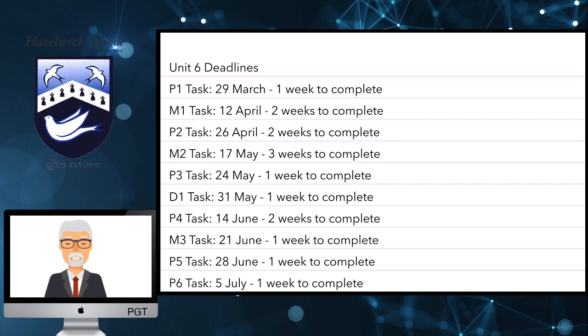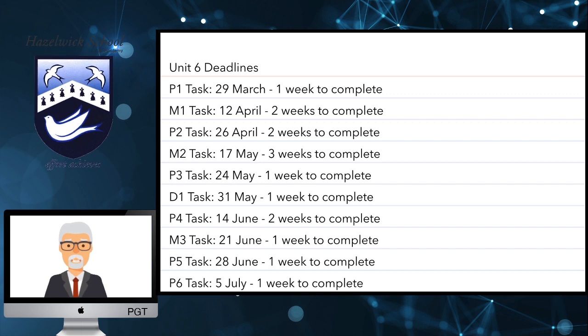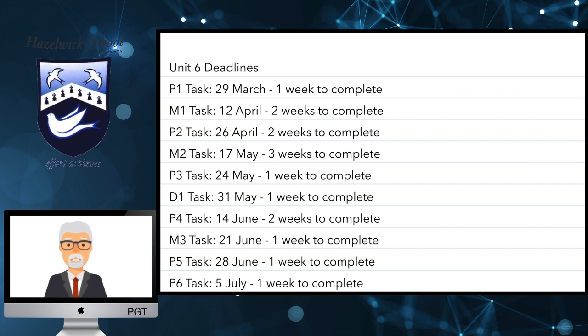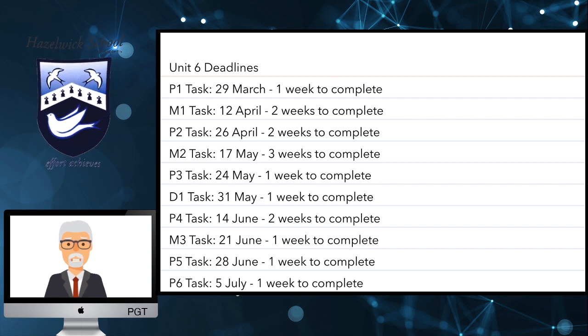You can see the 11 tasks in front of you. You've got either 1, 2 or 3 weeks for each task, and that is linked to how much work you have to do. The P1 task was quite straightforward, so you got a week for that. The M1 task is quite a lot of writing and quite a lot of research, and you need to really process quite a lot of information to come up with the M1 task.